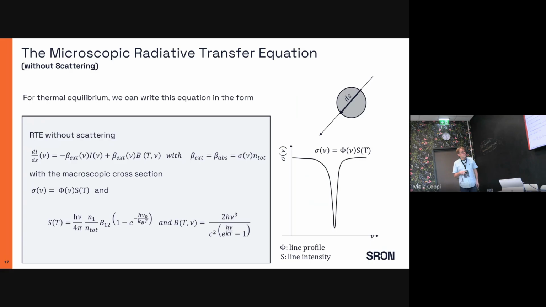It also says that we have what is called a microscopic absorption cross-section. It's something which describes how light is absorbed. And the theory says that this absorption cross-section is a quantity which says how strong the absorption is, that is S, the so-called line intensity, and a profile. And this profile, shown here, that is an absorption line, and it has a certain shape.